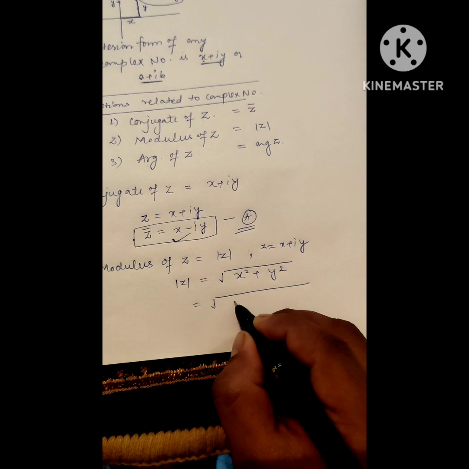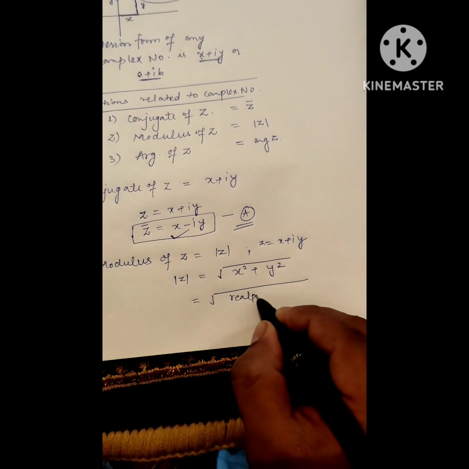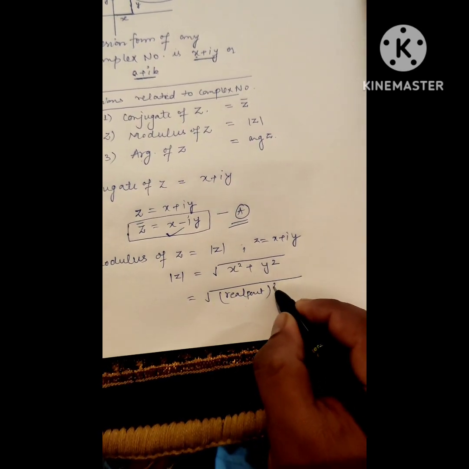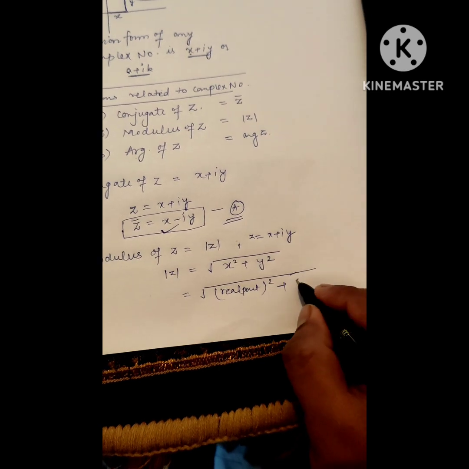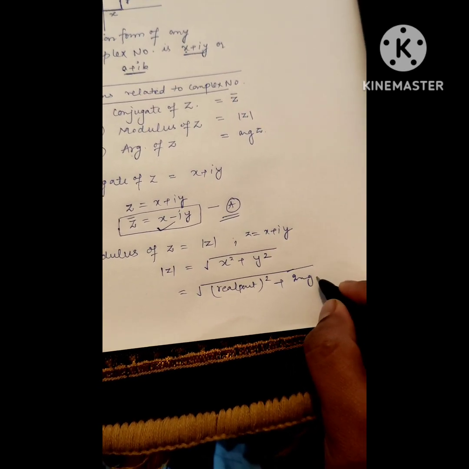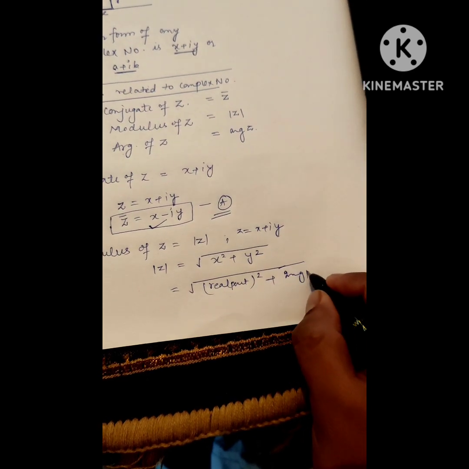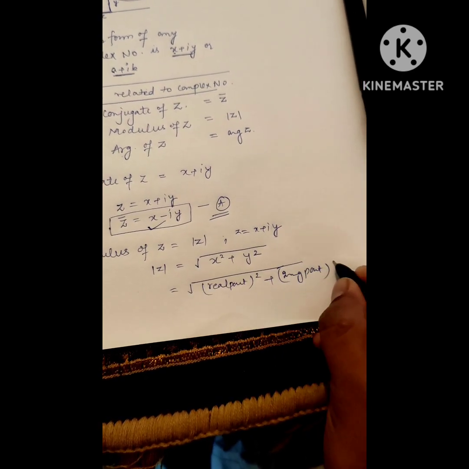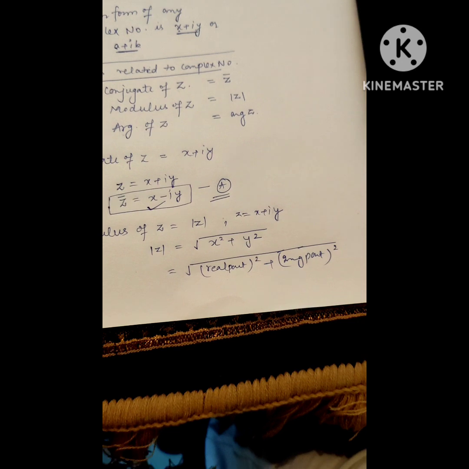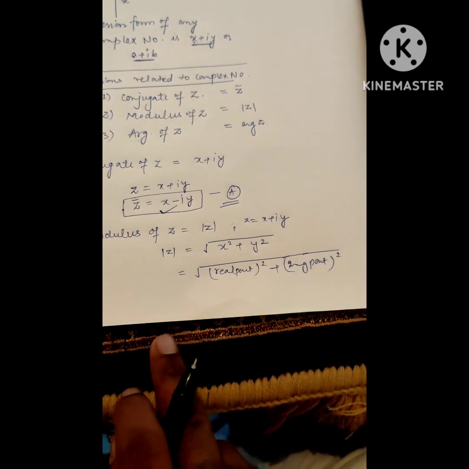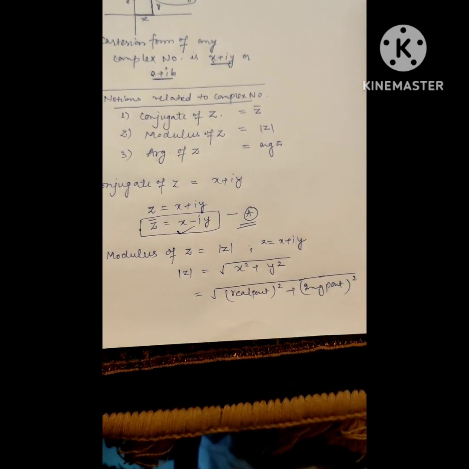Means under root of the real part square plus only the imaginary part, not iota, the imaginary part. The imaginary part is y only, and it is squared. Okay, this is the modulus of Z.